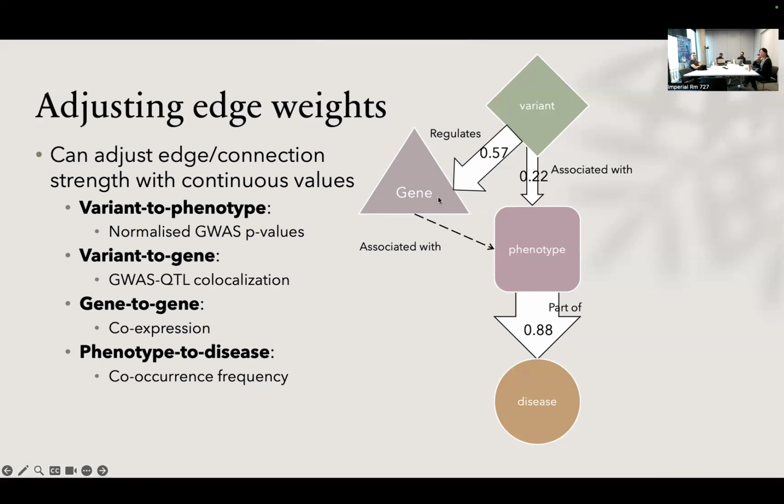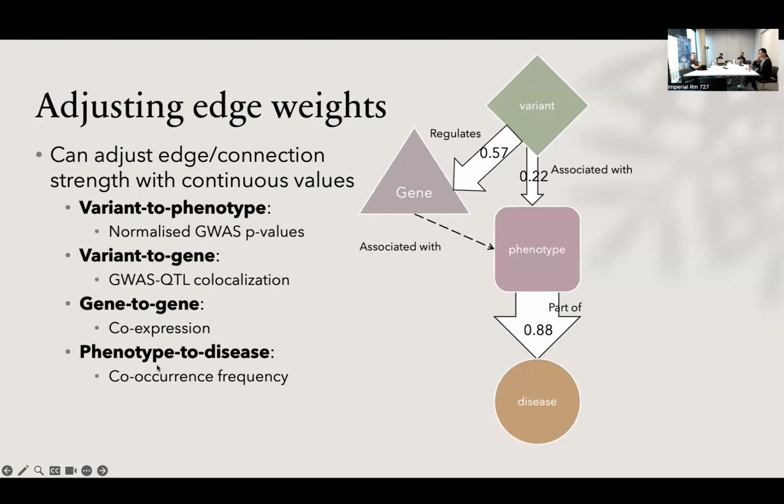Like I mentioned before, you can also integrate gene-gene interactions through co-expression, or different databases like String, which include whole sets of known protein-protein interactions where they have physical interactions or functional interactions that are well characterized.